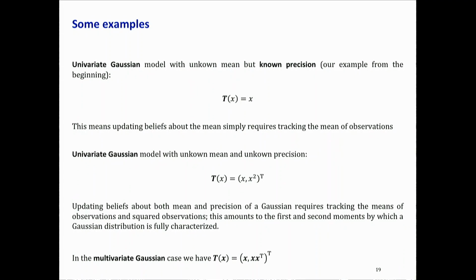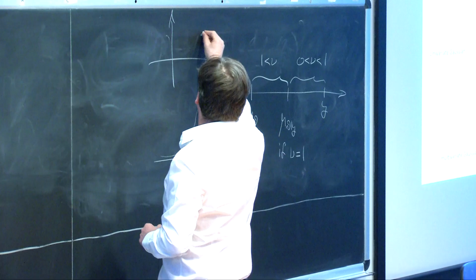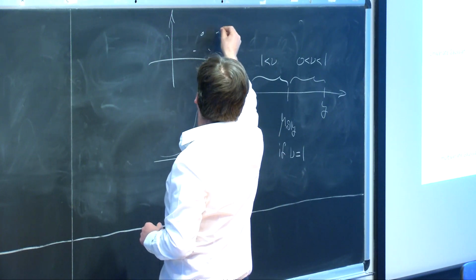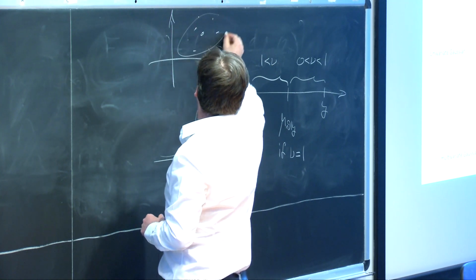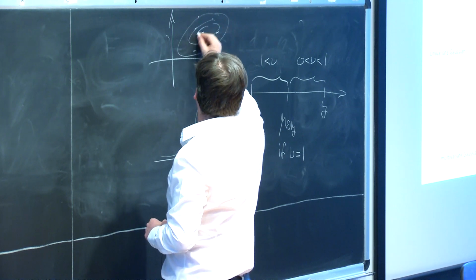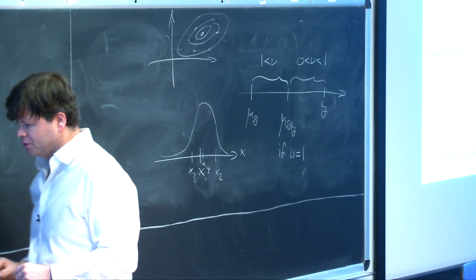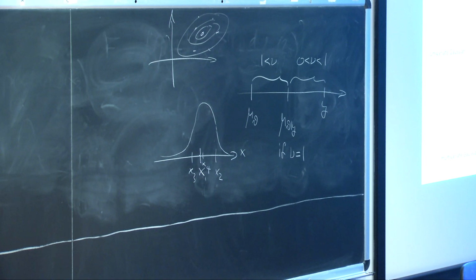And this generalizes to the multivariate case, where X is now a vector observation. Simplest example is the plane. So X is now here, and here, and here, and here, and here, and here, and here, somewhere on the plane, and we're trying to find the multivariate Gaussian from which these observations came.